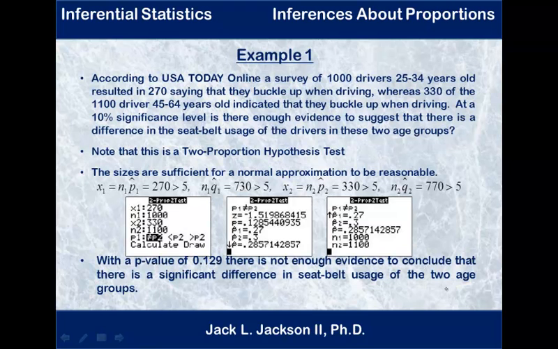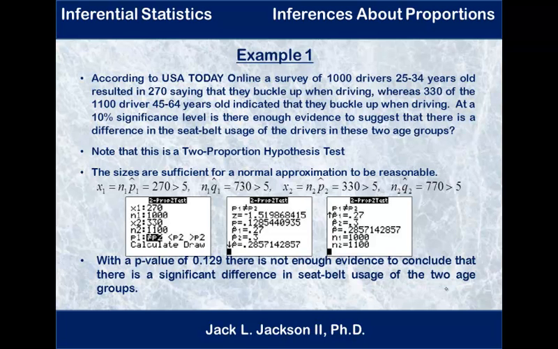First of all, we notice that this is a 2 proportion hypothesis test, because we're testing proportions, not means or standard deviations. Furthermore, the sample sizes are sufficient for us to use a reasonable approximation with a normal curve.